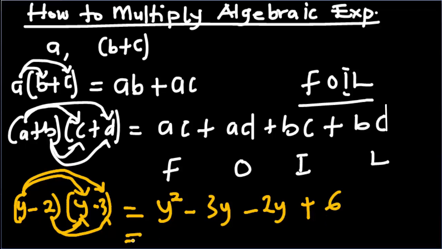Okay, so we tidy up here, we have y squared, negative 3y minus 2y, we have negative 5y plus 6. Are you okay?